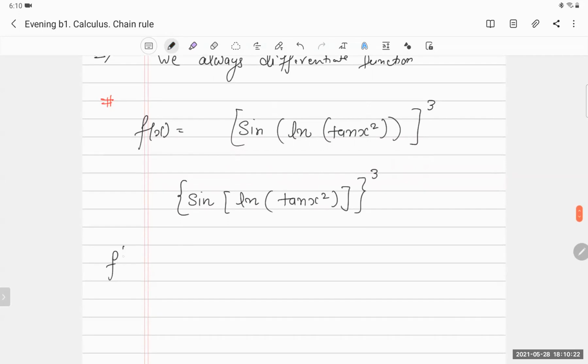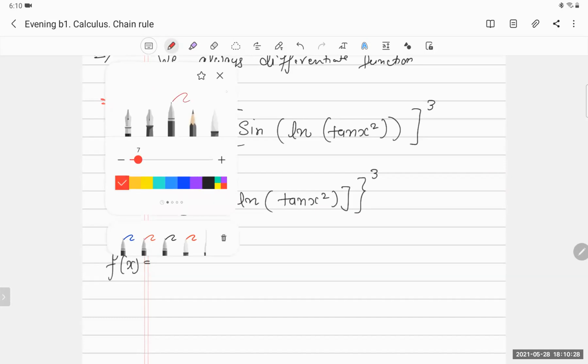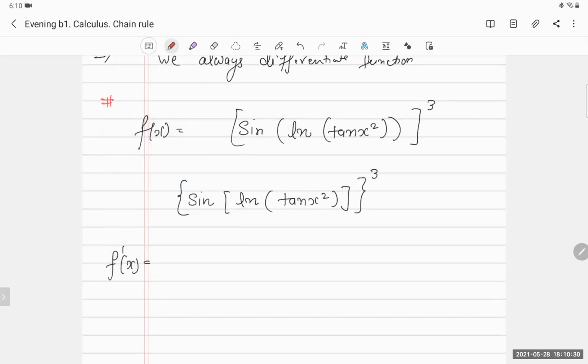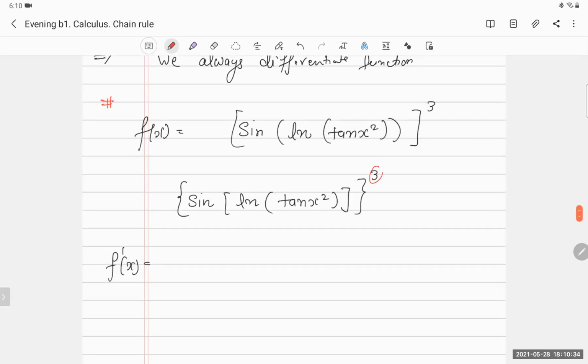Now I am writing f dash x. What did I do in the end? I made it cube, right? This cube was calculated in the end. So the function is something raised to power 3. So what is the derivative of something raised to 3?